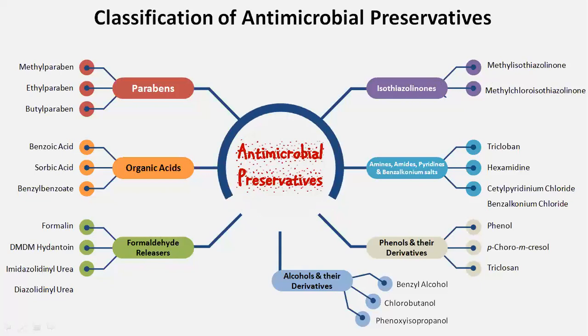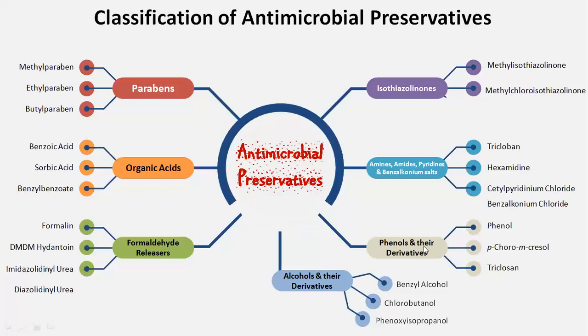Examples are methyl isothiazolinone and methyl chloroisothiazolinone. Coming to amines, amides, pyridines, and benzalkonium salts, or simply quaternary salts, examples include triclocarban, hexamidine, cetylpyridinium chloride, and benzalkonium chloride.